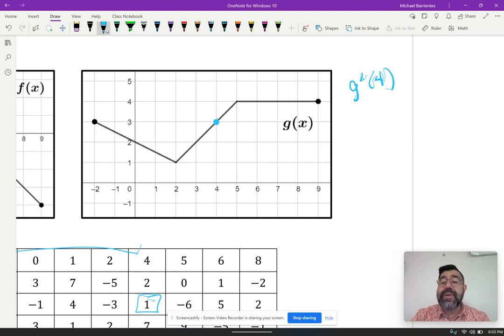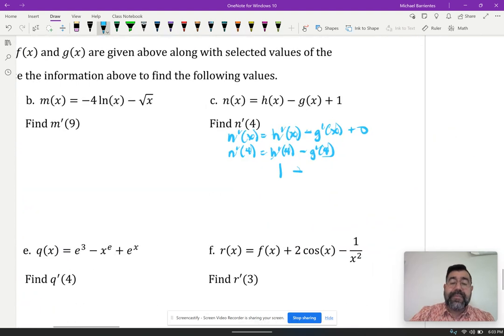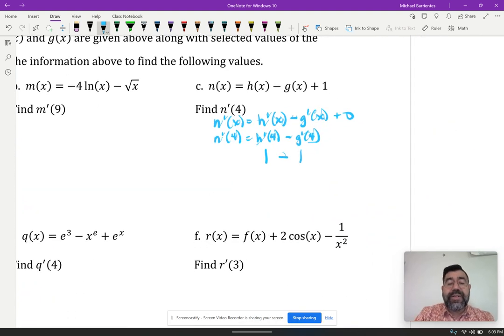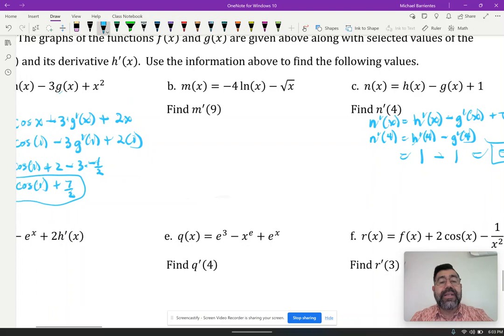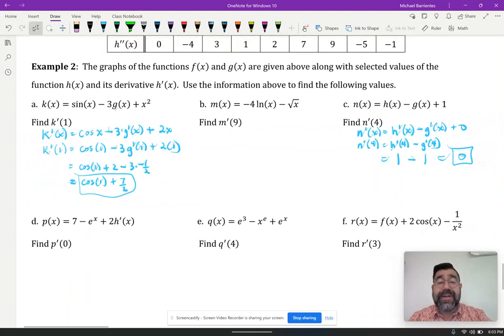So my slope is just 1, or 1 over 1. So I come back over here, and I write this is 1. Oh, well then that means my final answer is just going to be 0. Pretty straightforward. We're following either the graph to find slopes, the table to find specific values, or a function in order to use our shortcut rules in order to get the answer.